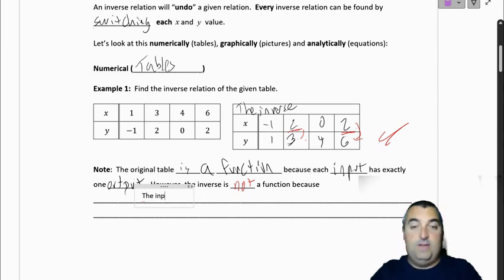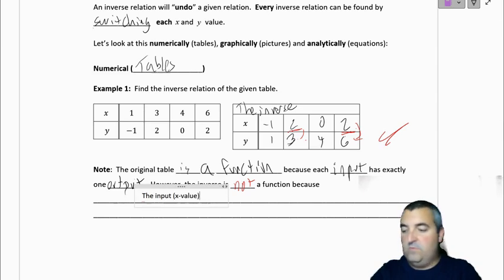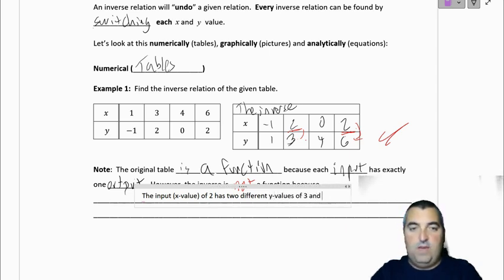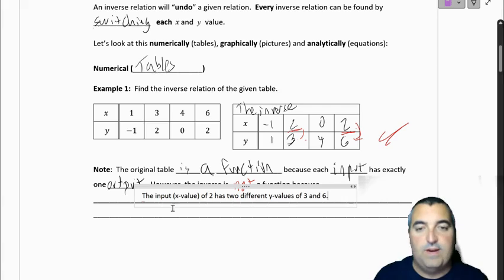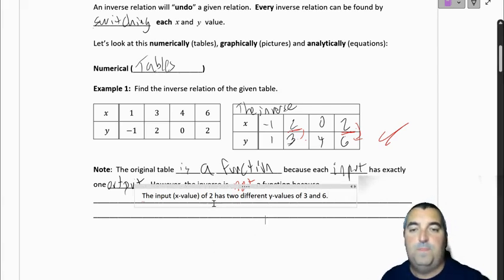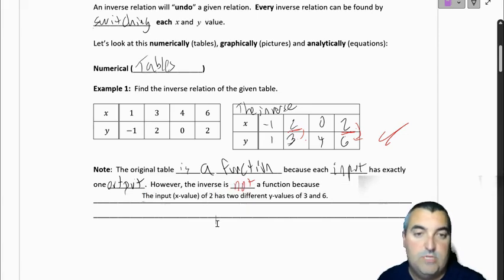The input, so it's not a function because the input x value of 2 has 2 different y values of 3 and 6. And that would be a great explanation on an AP test on why it doesn't work.